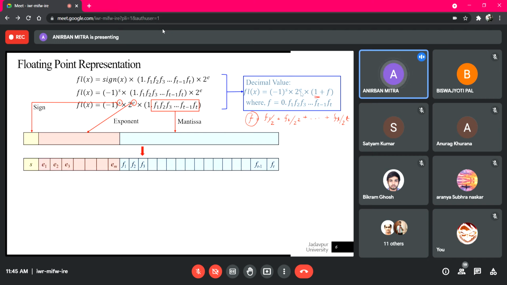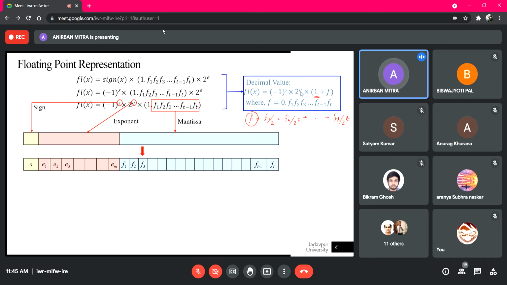So we can go for a representation as shown here. Obviously, the sign bit is a single bit, so that takes care of that part. Now, the exponent, let's say we have m number of bits to store the exponent. So it starts from E1, goes up to Em.